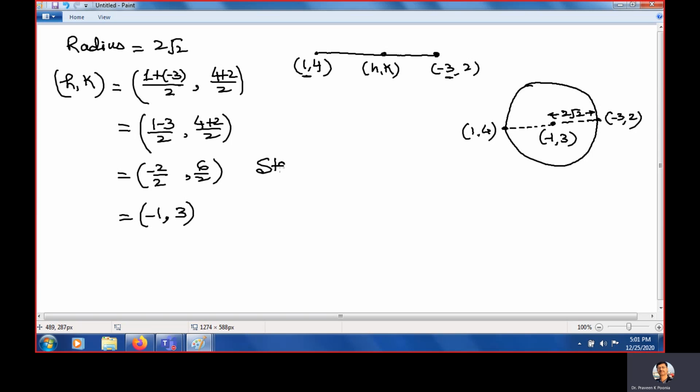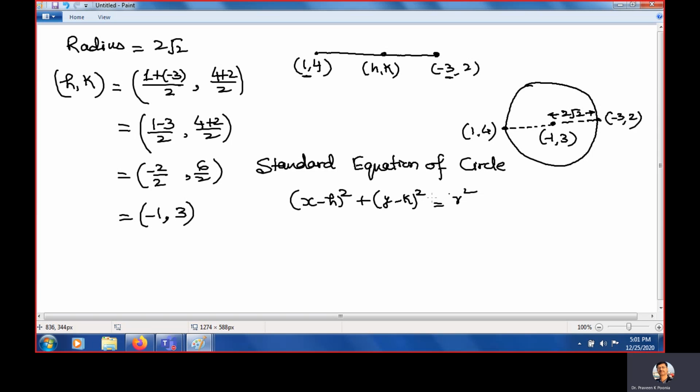So the standard equation of circle is (x minus h) power 2 plus (y minus k) power 2 is equal to r power 2. So (x plus 1) power 2 plus (y minus 3) power 2 equals (2 square root 5) power 2.